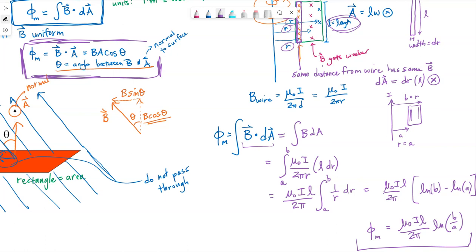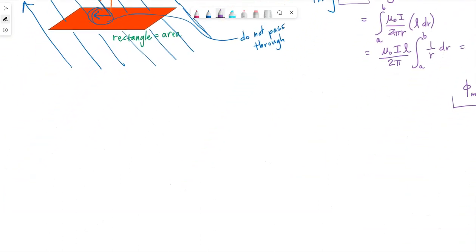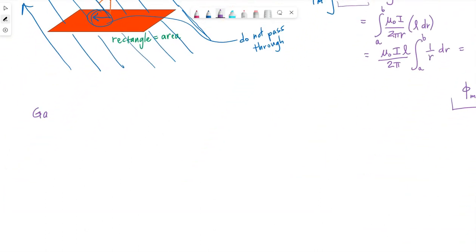Okay, so that's for magnetic flux through just some sort of two-dimensional surface, which we're actually going to build on in the next video. But I want to mention first Gauss's law. If you recall electric flux, Gauss's law talked about the flux through a closed surface.